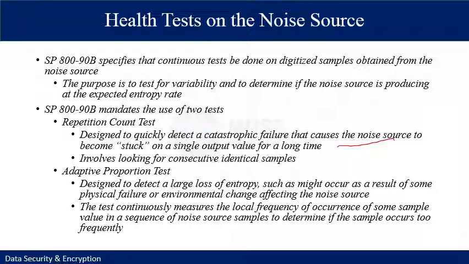That means your temperature sensor or other sensor may be placed in a location with alternate or unnatural environments. So the test continuously measures the local frequency of occurrence of some sample value in the sequence of noise source samples to determine if the sample occurs too frequently.